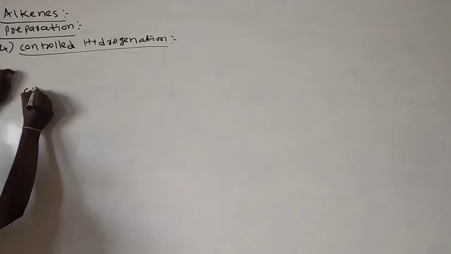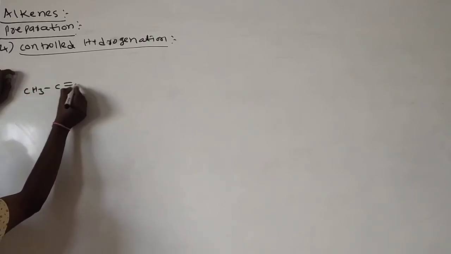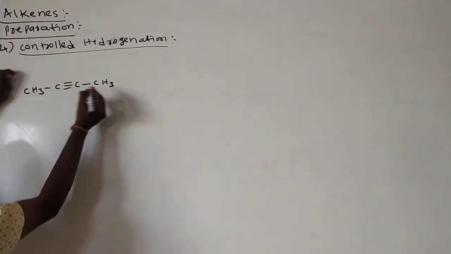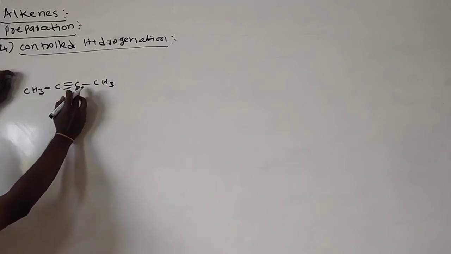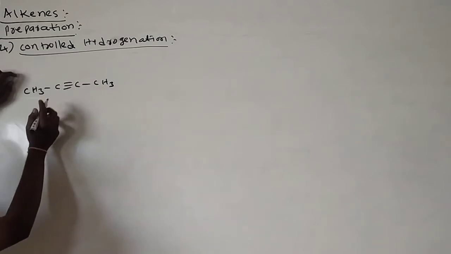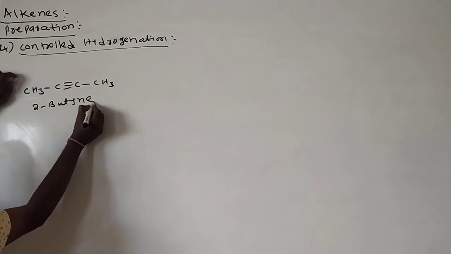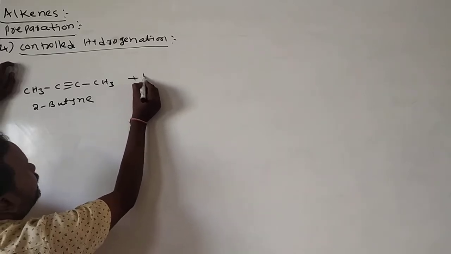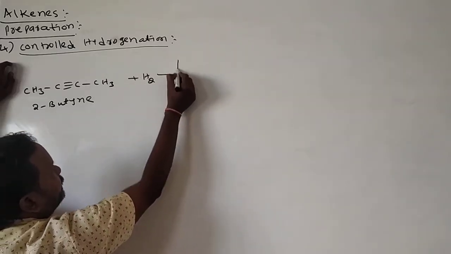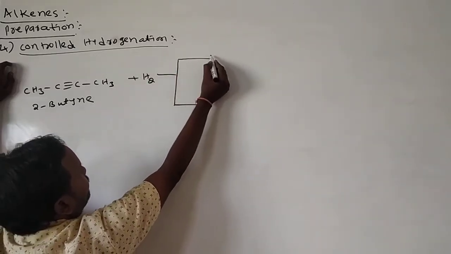Here I am taking one of the important compounds, CH3C triple bond CCH3. This is called 2-butyne. Add hydrogen here in the presence of specific reagents.